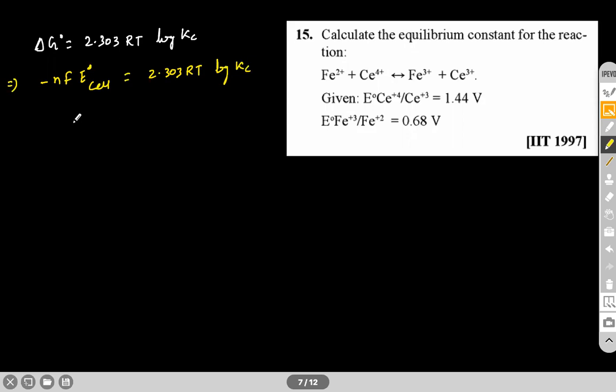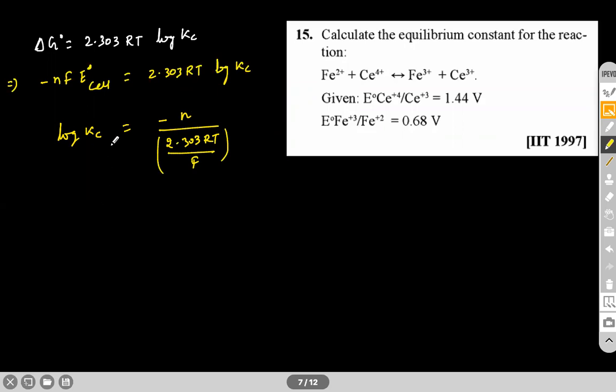So this we can further write: the number of electrons exchanged is 1. So log of Kc is equal to n divided by 2.303 RT by F.